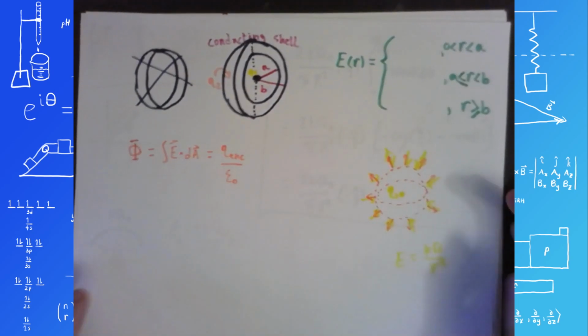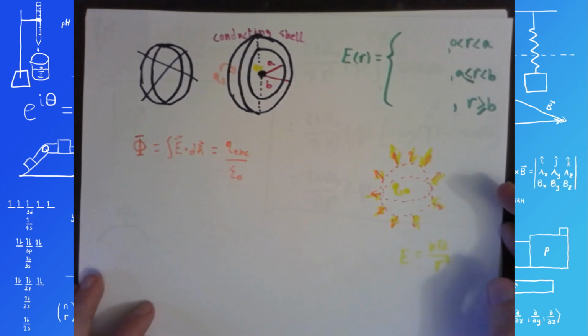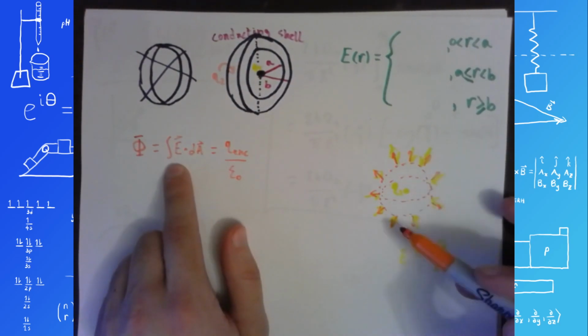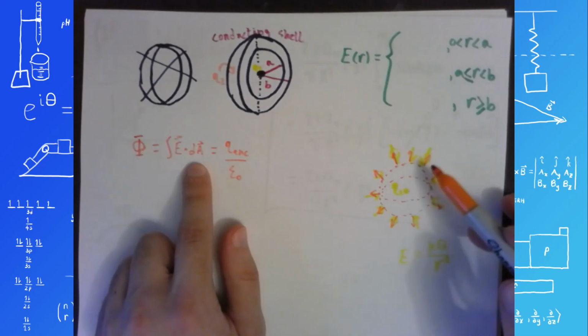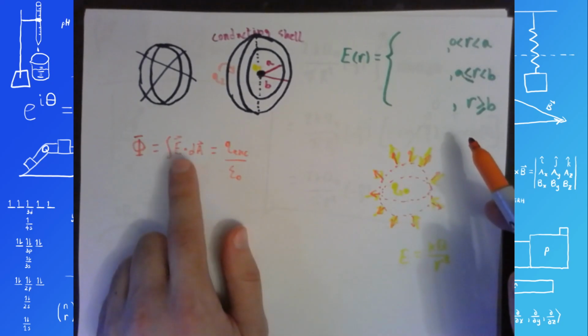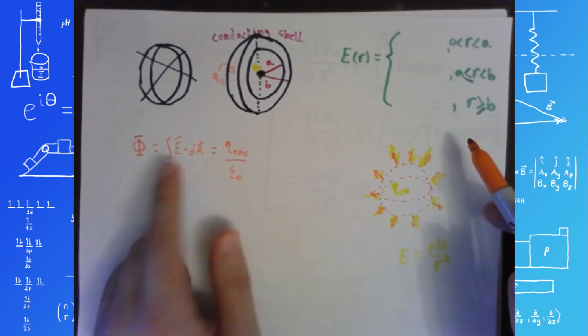So the dot product becomes a simple multiplication, and since the electric field is inward while the surface normals are outward, you'd get a 180-degree angle, so the dot product becomes a multiplication with a negative sign.